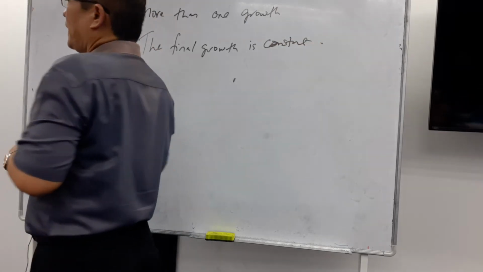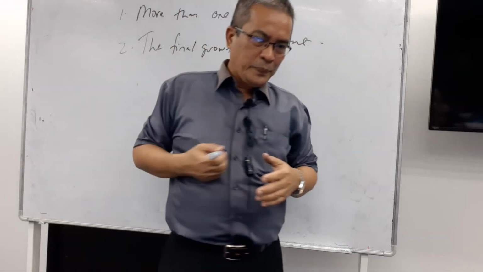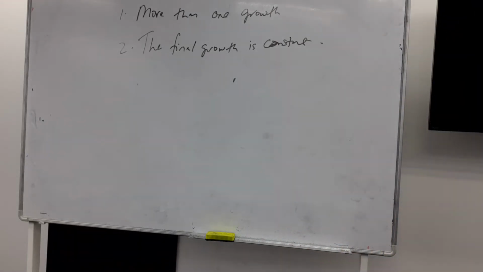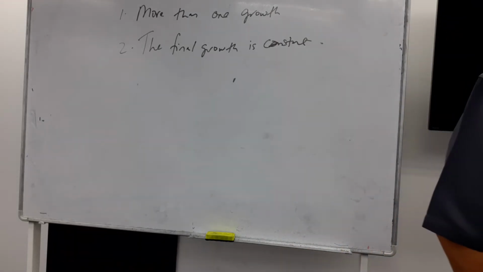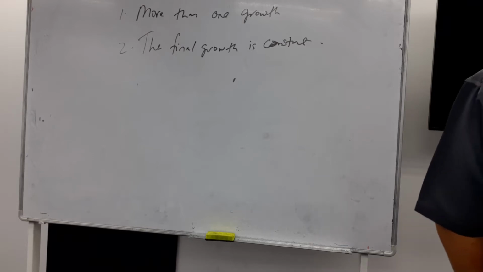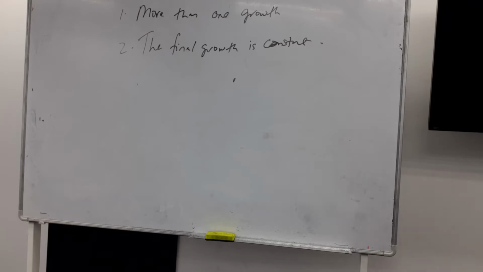So when we use the multi-stage growth valuation technique, actually we are combining the first 2 techniques of share valuation, the present value and the constant growth. So this is a combination of these 2 techniques.